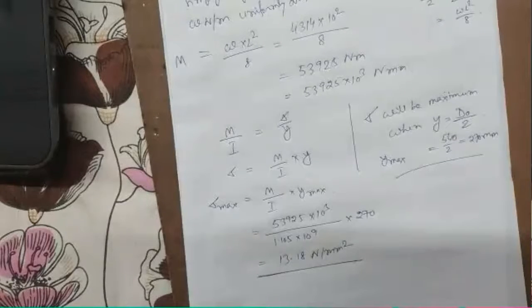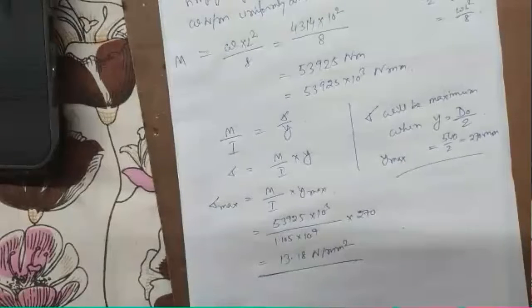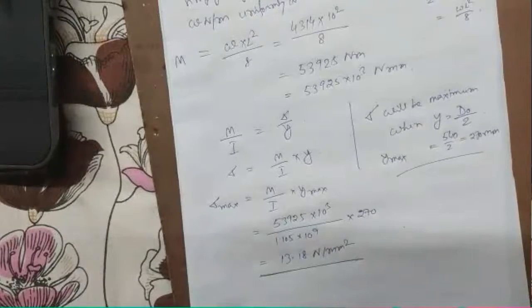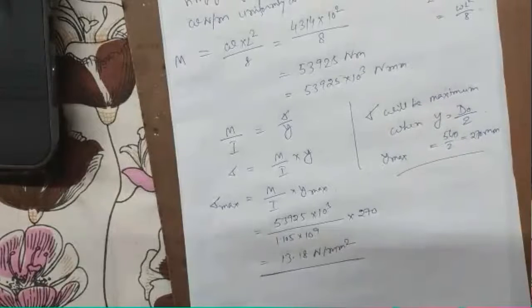What you require here is to find the bending moment, which you have already learned in the previous chapter, and the moment of inertia. Only three formulas are there. One is the bending equation, second the bending moment formula, and third the moment of inertia formula. If you remember only these three things, you will be able to solve problems.